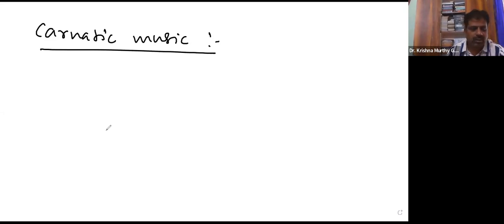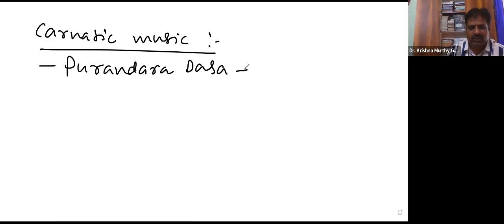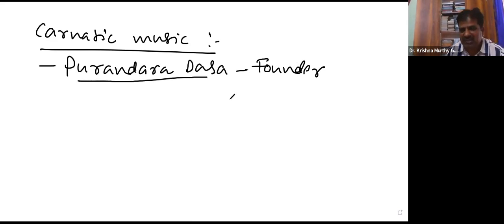Do you know who was the founder of Carnatic music? Purandara Dasa. Purandara Dasa, the founder or initiator of Carnatic music. Mainly three important musicians came after Purandara Dasa, who are also considered promoters of Carnatic music.